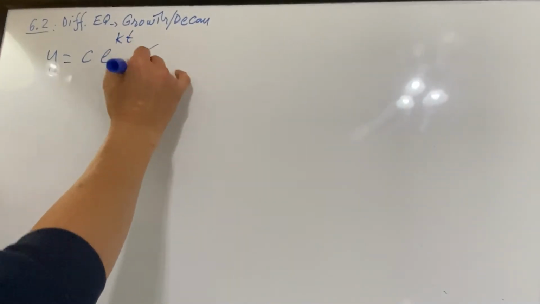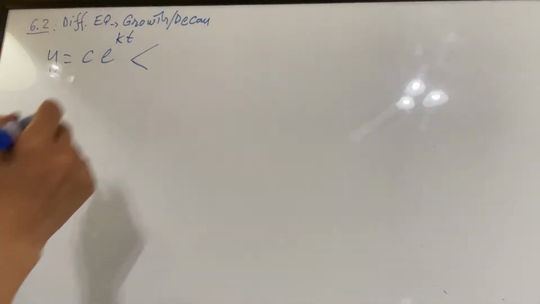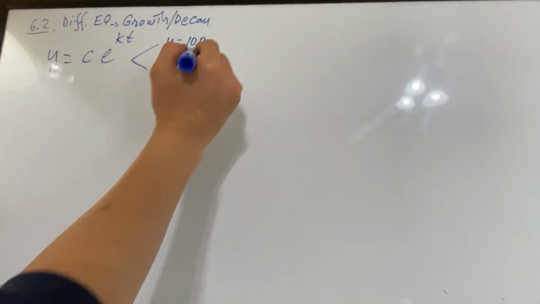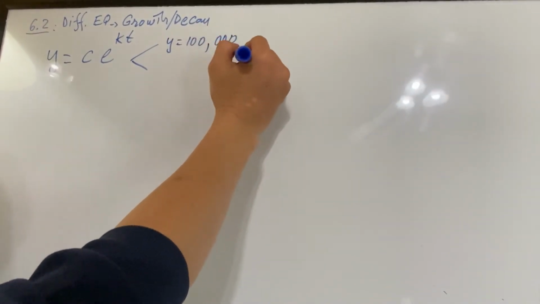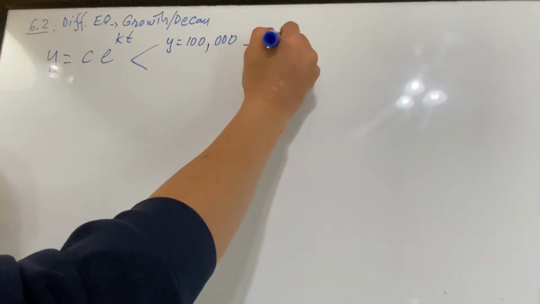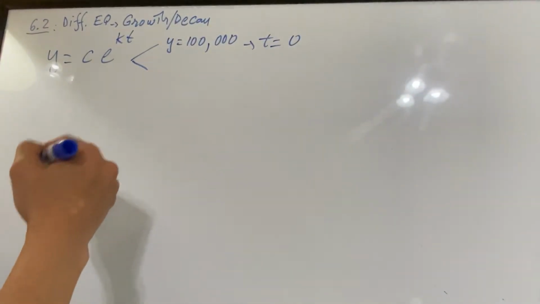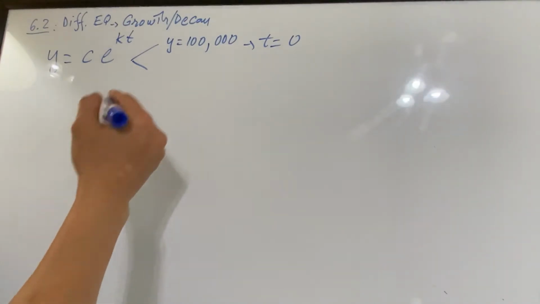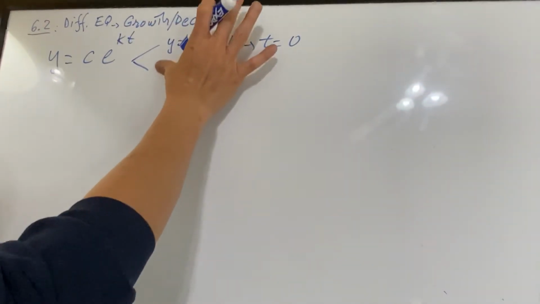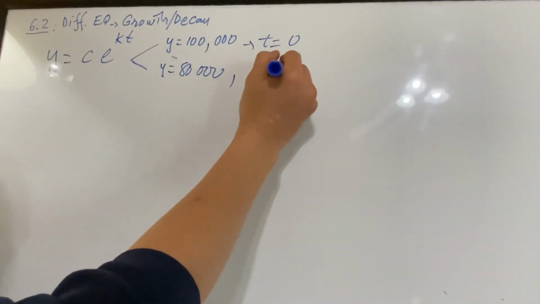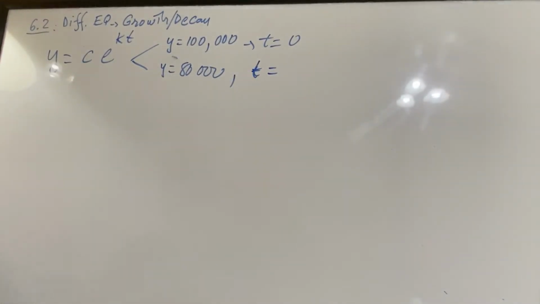From the given information, you know that the sales drop from 100,000 units when t is 0, per month, to y equals 80,000 when t is, let's say, how many months after that?